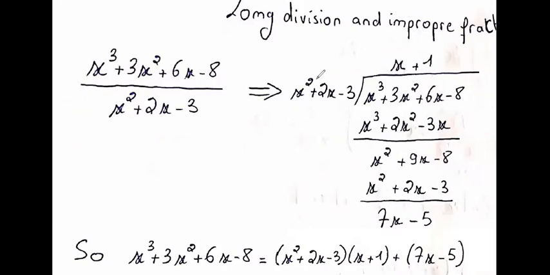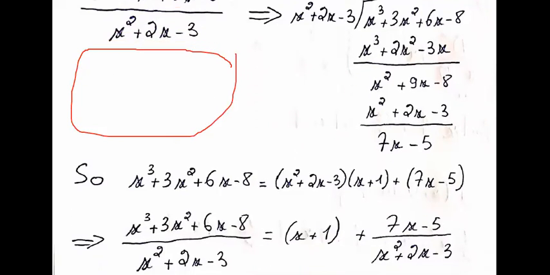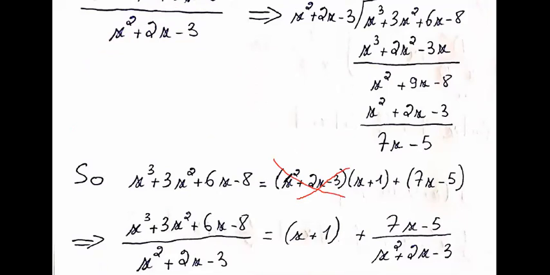When we finish this long division, we will be able to write x cubed plus 3x squared plus 6x minus 8 as x squared plus 2x minus 3 times x plus 1, plus the remainder, so plus 7x minus 5. And since we are dividing by x squared plus 2x minus 3, if we divide it, from the first part here, we will get x plus 1 because we are going to simplify by x squared plus 2x minus 3.